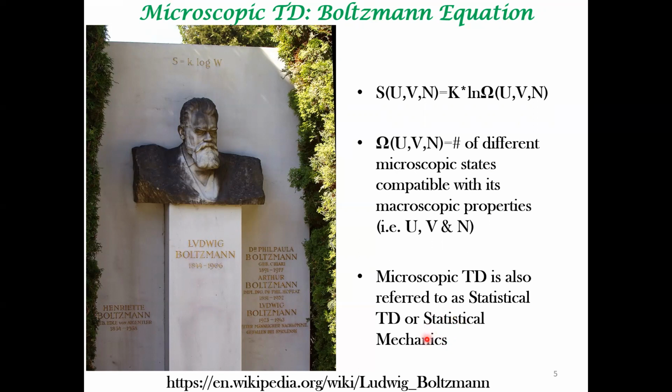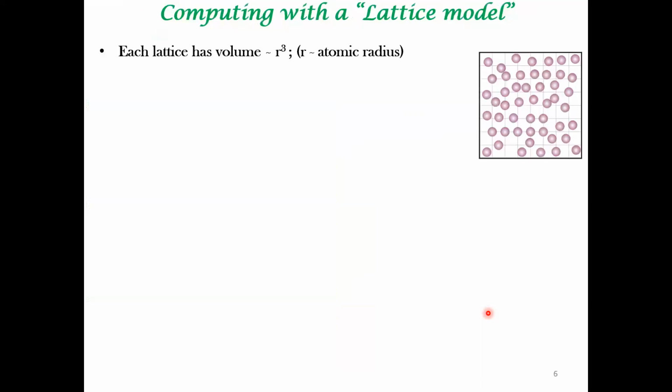All these things gave rise to statistical mechanics, also referred to as statistical thermodynamics. All the properties of macroscopic thermodynamics, the first law, second law, and the third law, can be derived or rationalized from microscopic thermodynamics. This has nothing to do with quantum mechanics. All these things which we are going to discuss are part of classical physics.